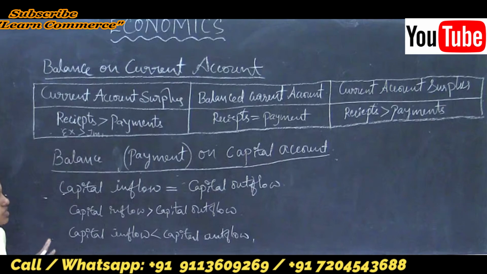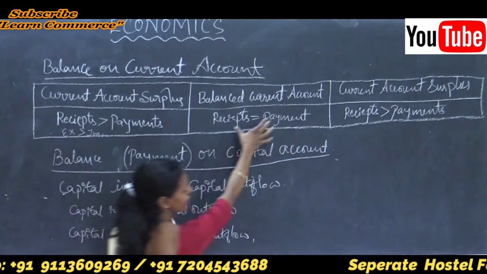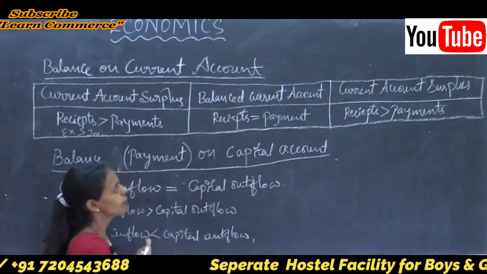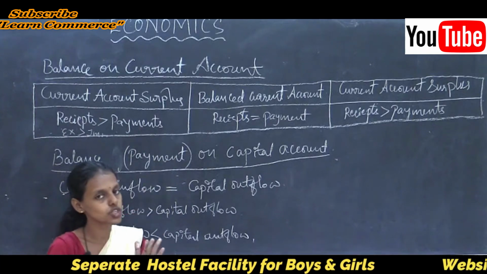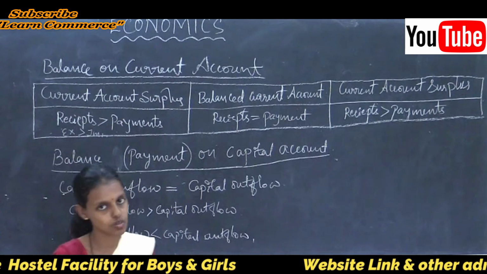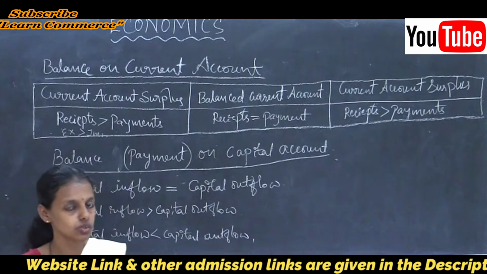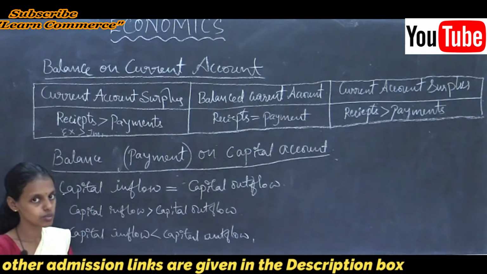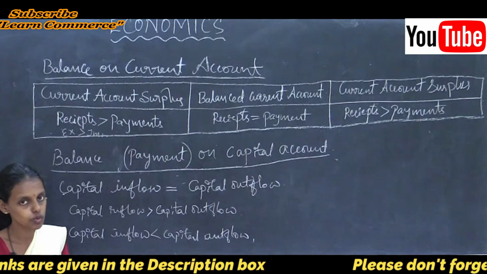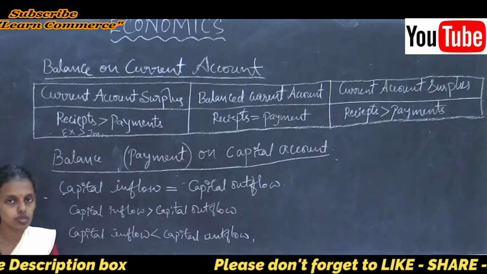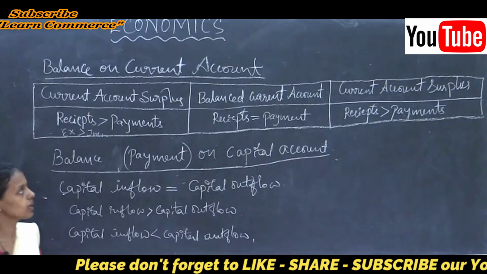I hope you understood. Next one, balanced current account. Balanced current account is nothing but, students, as we discussed in a balanced budget, when the expenditure is equal to the revenue it is said to be the balanced budget. Can you remember? Export is equal to import, balanced trade. Receipts equal to payment, balance of payment.